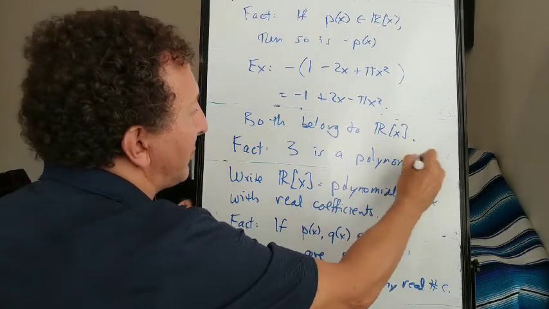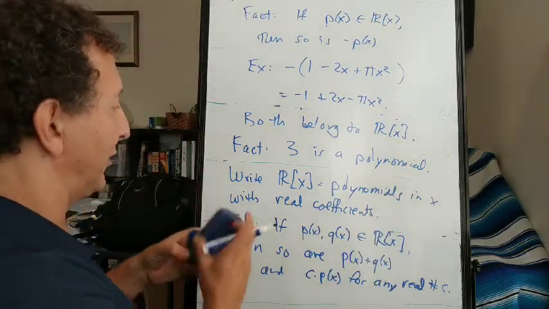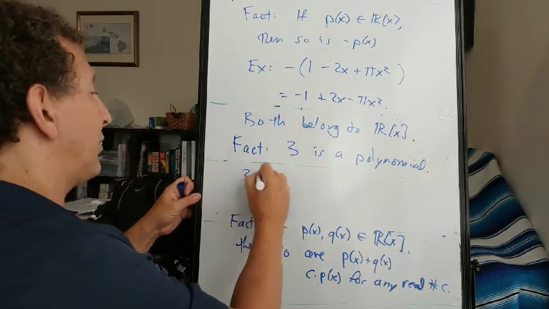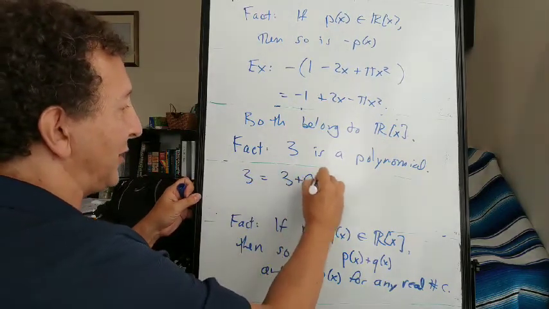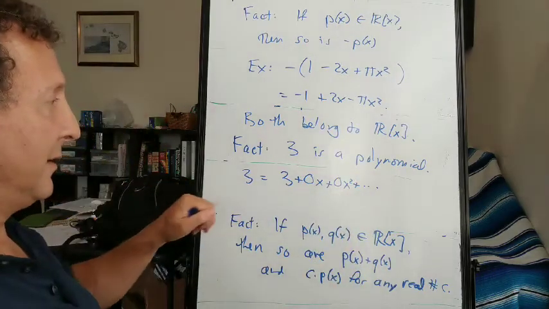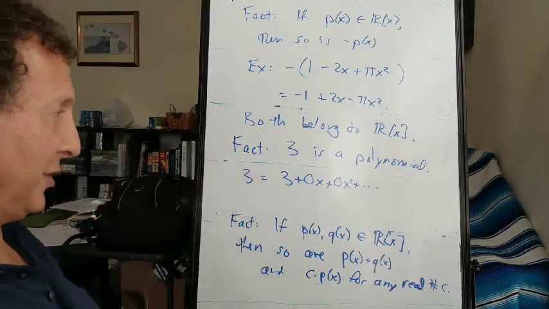Now it's important to remember that expressions like 3 are also polynomials, because 3 you can write as 3 plus 0x plus 0x squared, etc. So it's a constant polynomial.